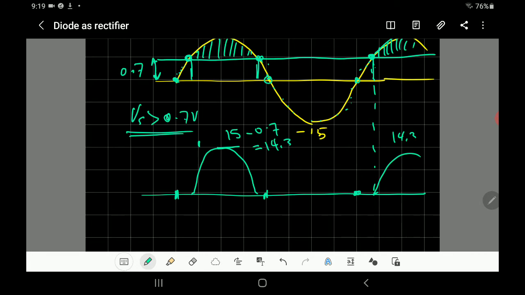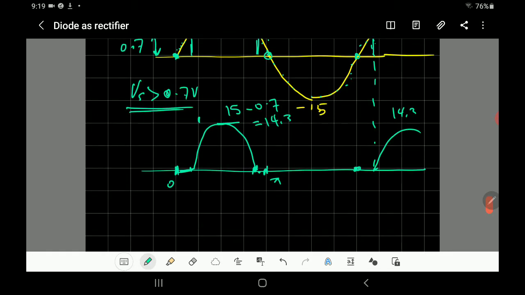So it's not conducting the whole period from 0 to pi. No, it's less than that. It starts a little bit after 0, and it becomes 0 before pi, according to the 0.7 volt. So you can say that the maximum voltage across the load will be equal to 14.3 volt.